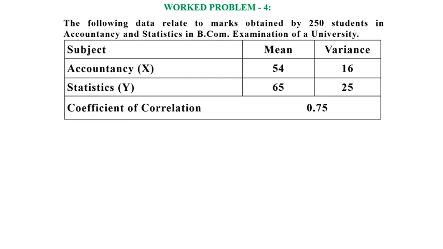Accountancy, x: mean 54, variance 16. Statistics, y: mean 65, variance 25. Correlation coefficient is 0.75. So when variance is given, we have to compute standard deviation. You know variance equals the square of standard deviation.